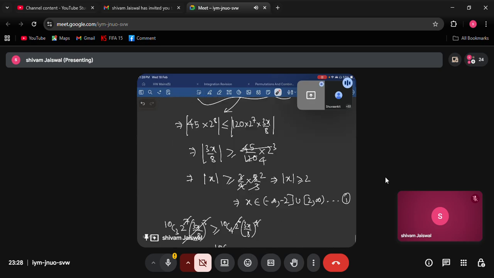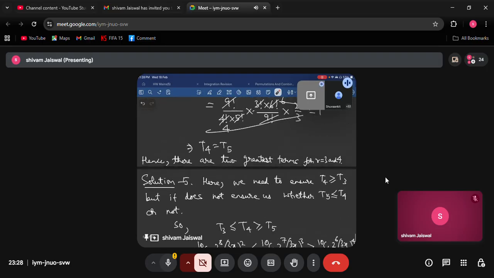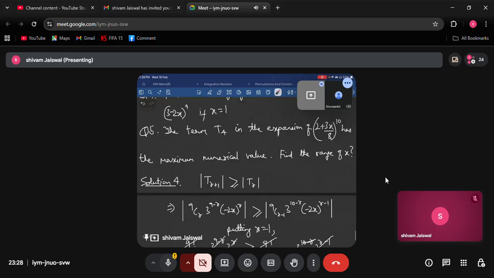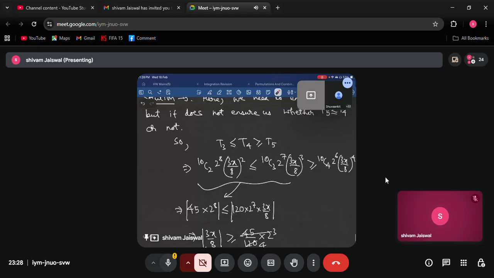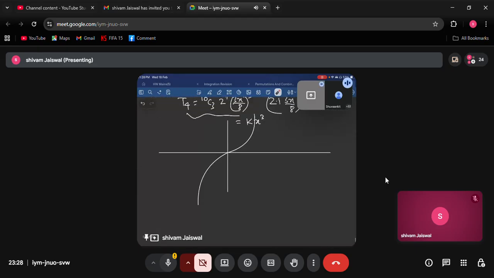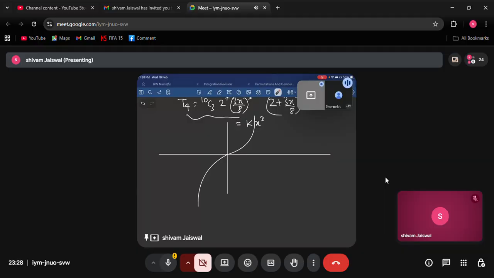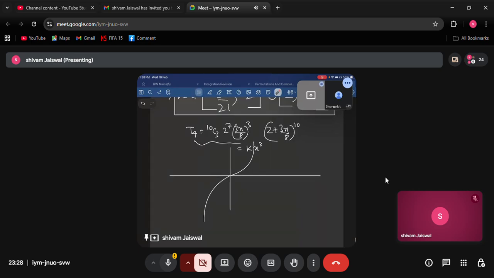But the question clearly says that you have to find out the numerically greatest term in the expansion of this expression. Understood? Means for a particular value of x, you have to find out which term will be the greatest. Are you getting, Shwankit? Yes, sir. Why maxima minima doesn't work over here? You have to compare with respect to the terms, not with respect to different values of x. Okay? Yes, understood. Okay.